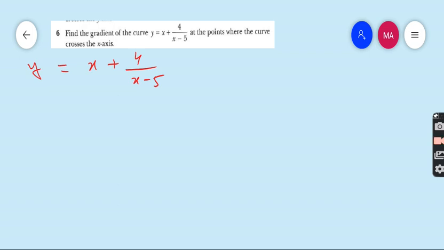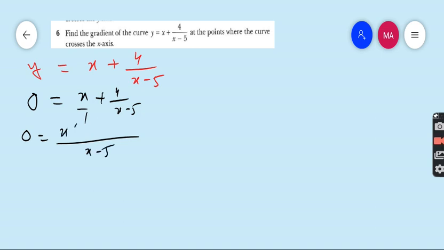Crossing the x-axis means the value of y is 0. So we have to put 0 over here: 0 equals x plus 4 upon x minus 5. Taking the LCM, x minus 5.